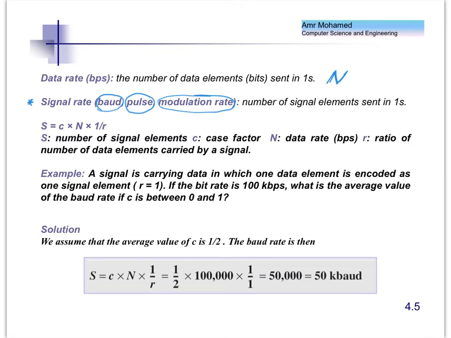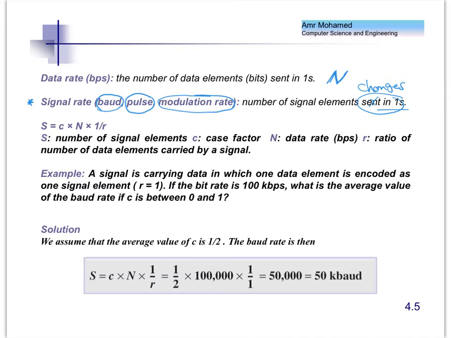Which is the number of signal elements. And I need to change this slightly here and say changes in 1 second. So this definition cannot be just number of signal elements in 1 second and that's it.